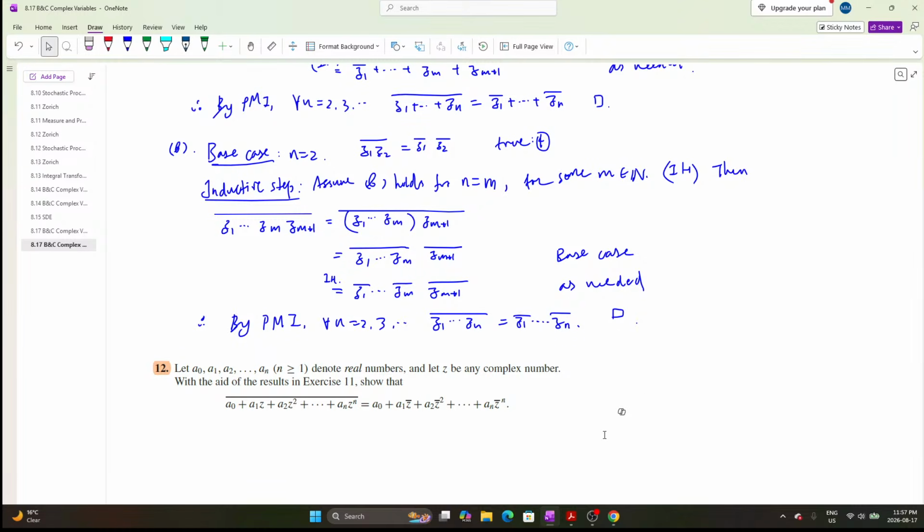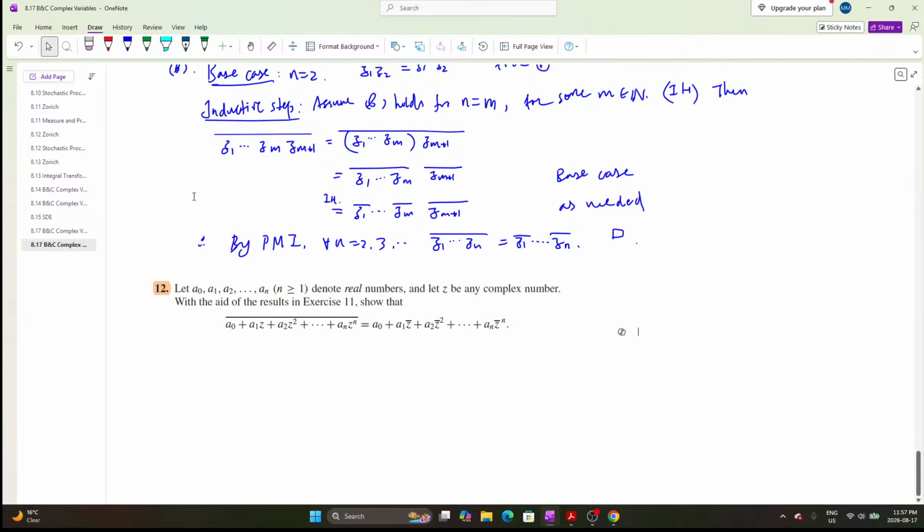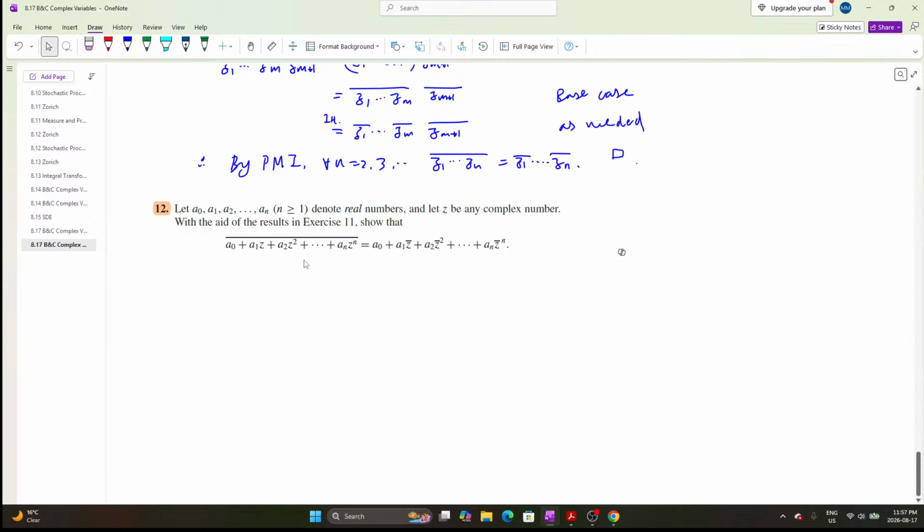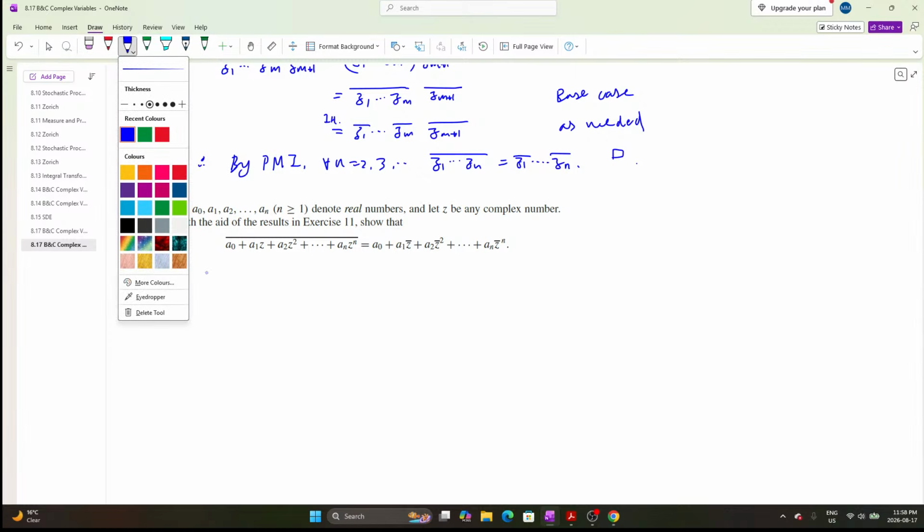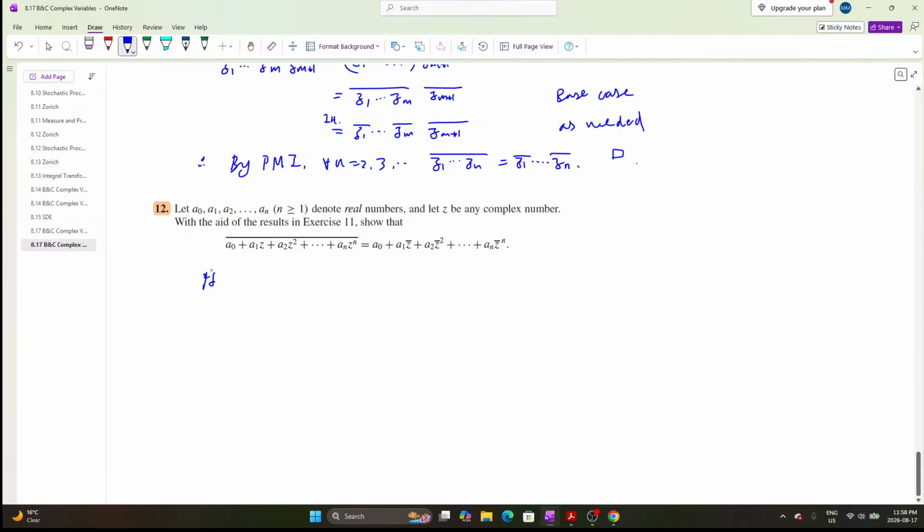What this result implies is that if z is a root of a polynomial with real coefficients, then z bar must also be a root. Showing this is completely trivial, you can just use our previous result.